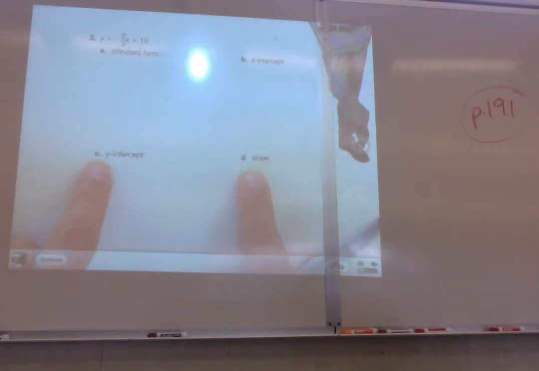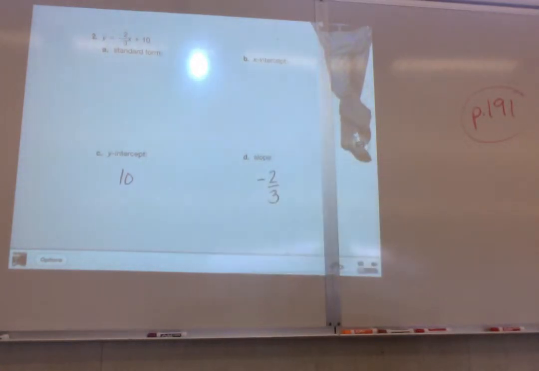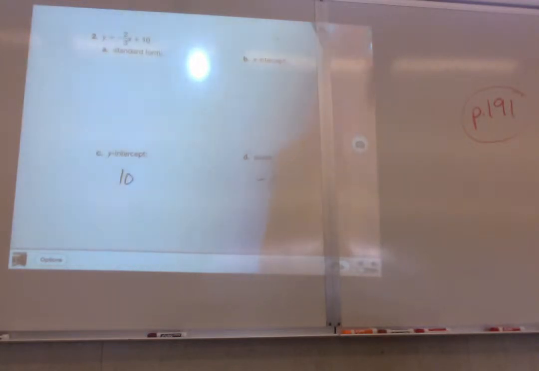Tony, what's going to be the y-intercept for this equation? 10. And slope, Anna? Beautiful. Questions on those two pieces? All right. The x-intercept is easier to find once we get it into standard form.